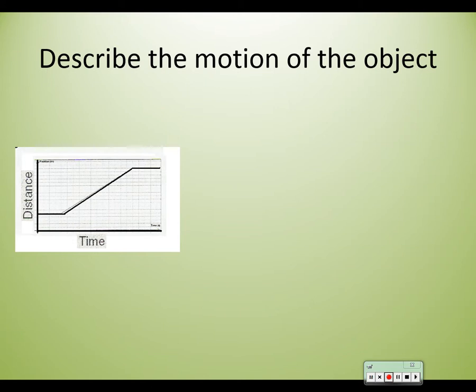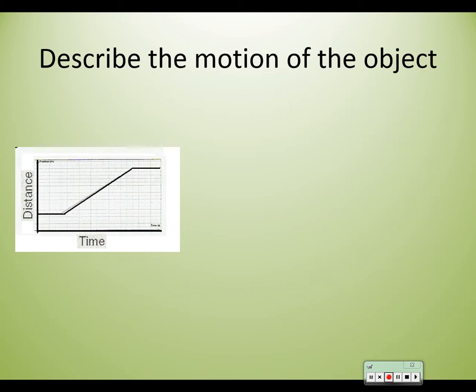Julia, go ahead. Constant. What do we talk about the rate at which distance is gained? Or the rate of displacement? It's a steady or constant velocity. All right? Then what happens at the end of this?